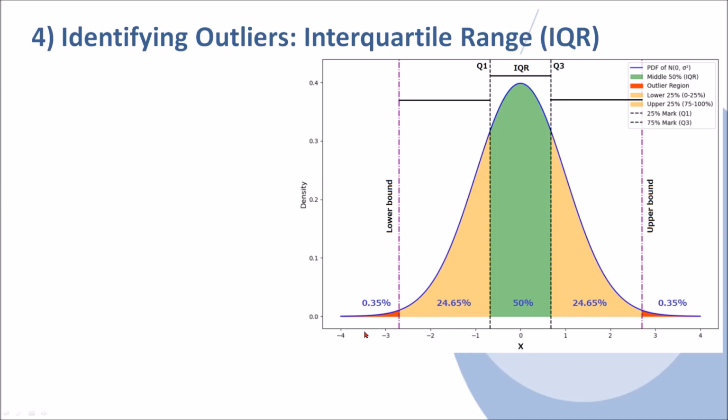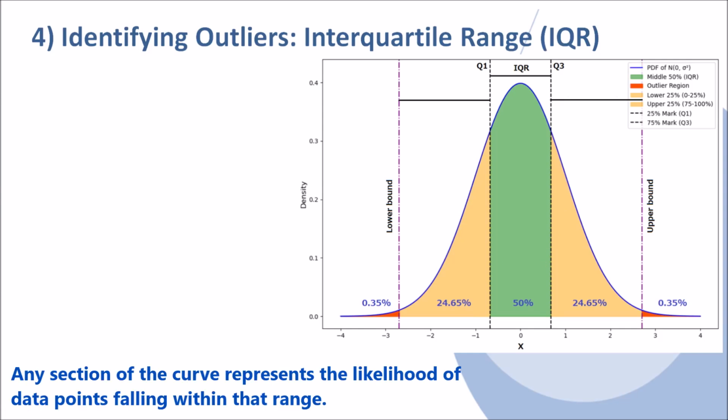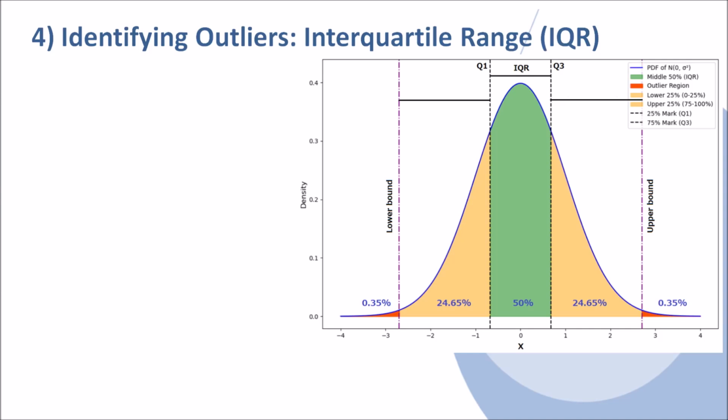In other words, the total area under this probability distribution curve is always 1 or 100% because it represents the probability distribution of the entire feature or entire values. Any section of the curve represents the likelihood of data points falling within that range. What is the difference between a histogram and a probability density function?